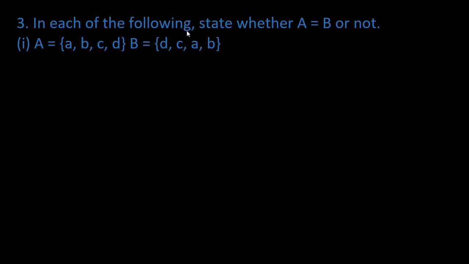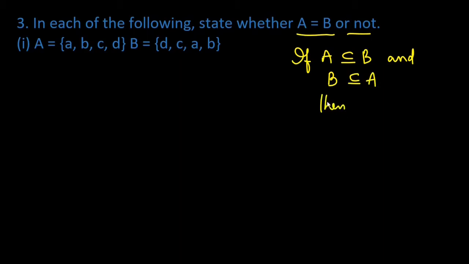In each of the following, state whether A is equal to B or not. So what is A is equal to B? If A is a subset of B and B is a subset of A, then A is equal to B. Now let us check whether these two conditions are satisfied or not.